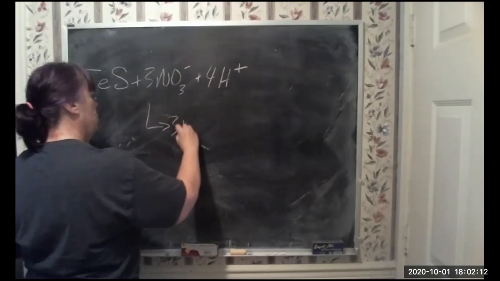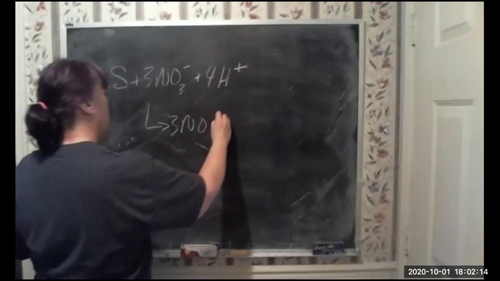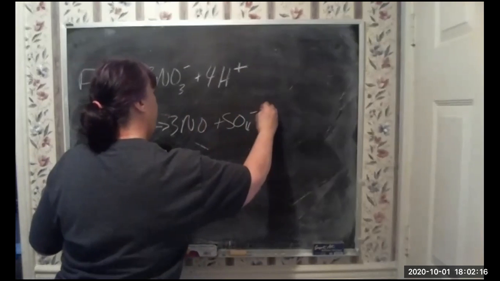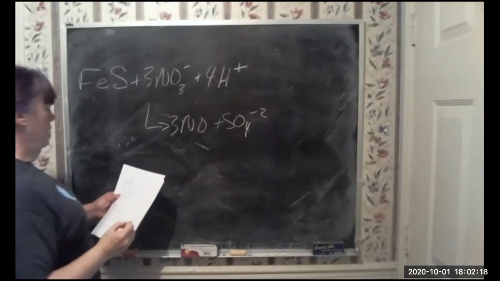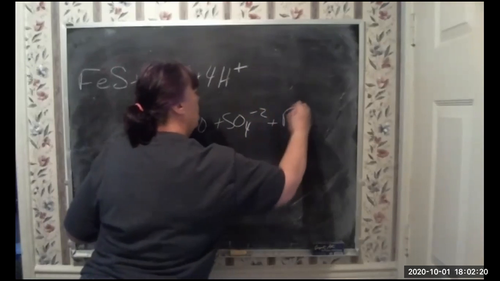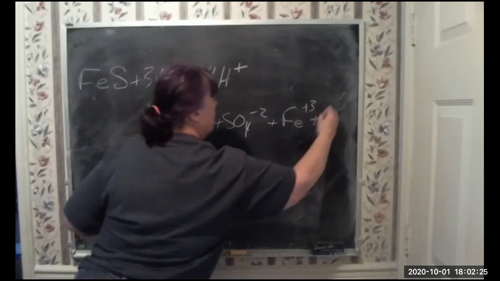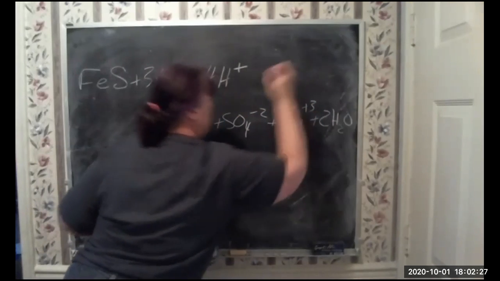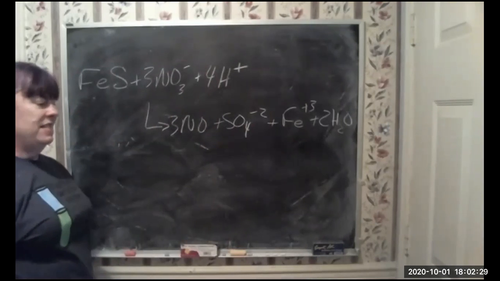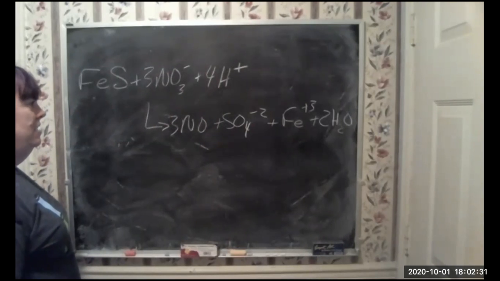And it gives you 3 NOs and a sulfate, SO4 -2, and iron +3, and 2 water molecules. This one is messy. It's got lots of elements.